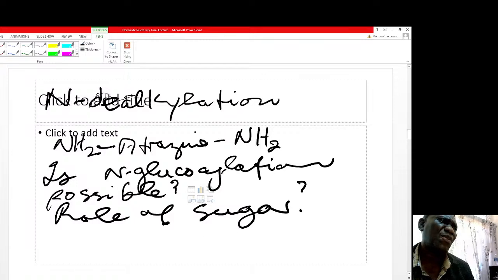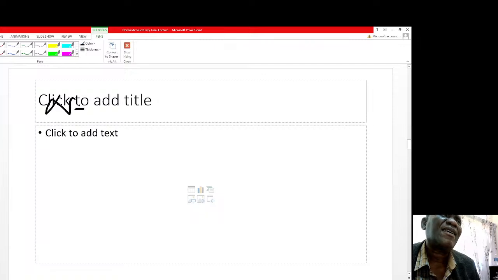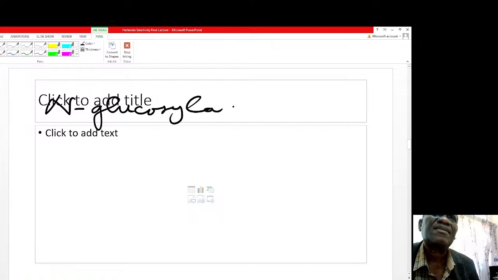So probably, I will say probably, because it's not usually mentioned that this process takes place. N-glucosylation.